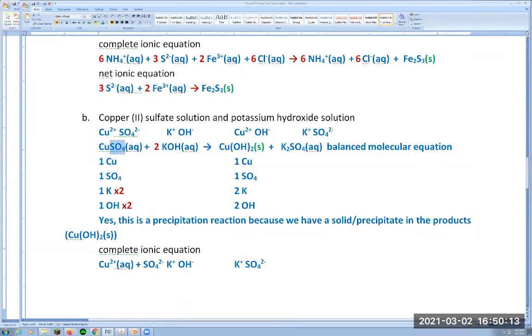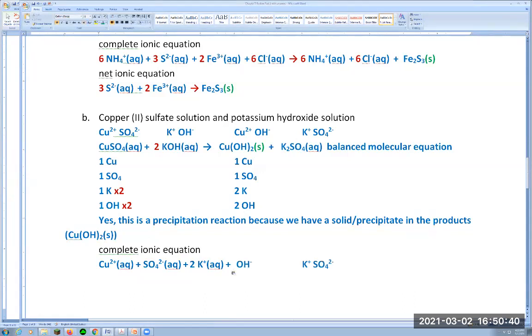So plus, both are aqueous, so ions in solution. Then we have 2K plus, again aqueous.